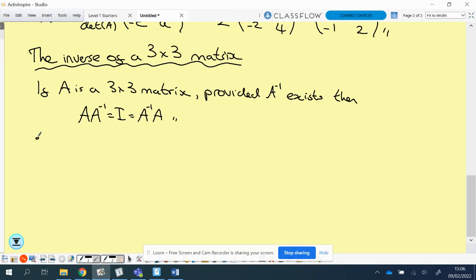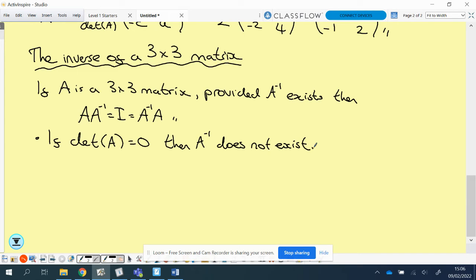Same again, if the determinant of A is 0, then A inverse does not exist. So it still comes down to the determinant being non-zero for this to work.